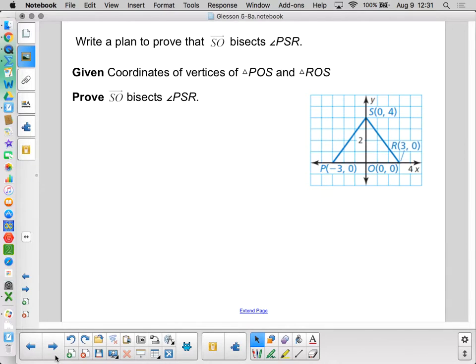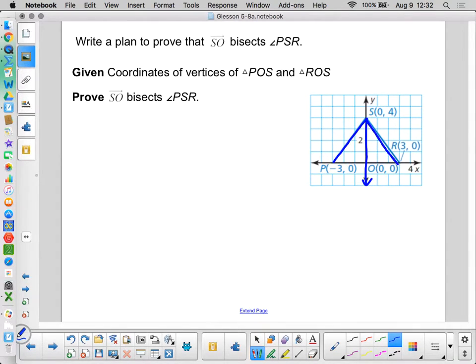Here I have an isosceles triangle, kind of what I had shown earlier. It says, write a plan to prove that SO bisects angle PSR. So I've drawn myself an isosceles triangle. I want to show that SO here is bisecting angle PSR.